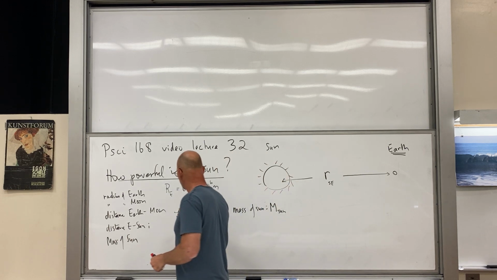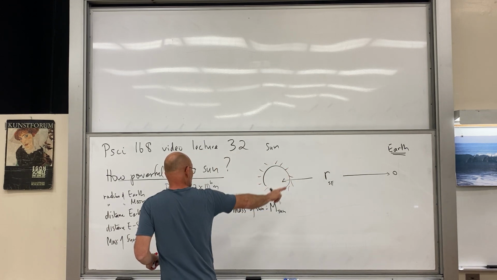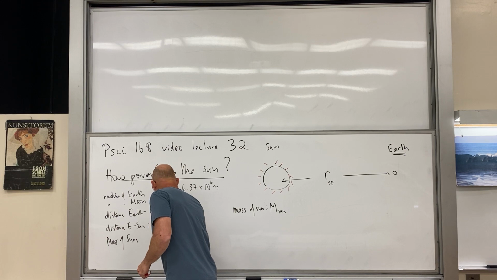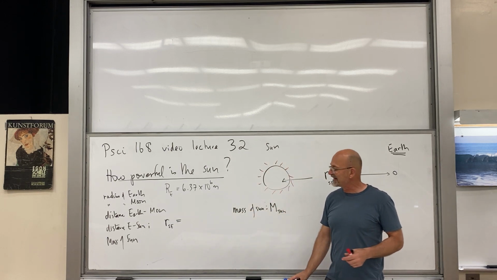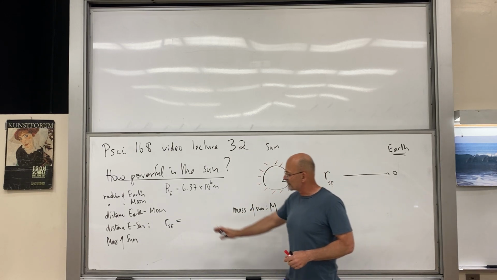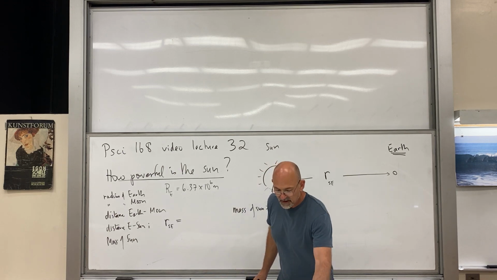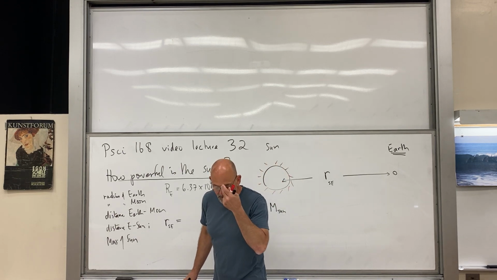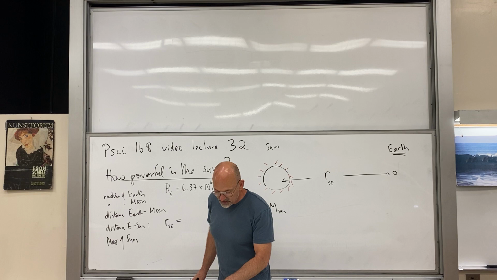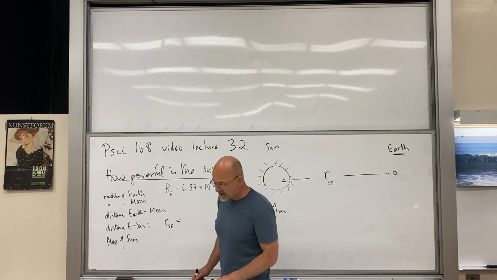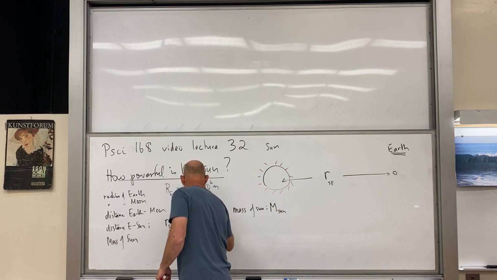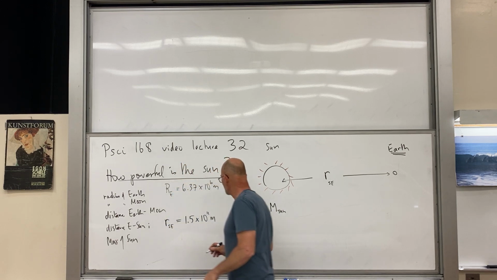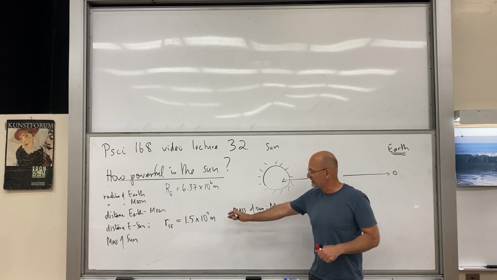The distance from the sun to the earth that we need up there, so I'm using lowercase r for these distances and uppercase R for these radii. You can always look up these things, but let me go ahead and write down what we have there. The distance from the sun to the earth is approximately 1.5 times 10 to the 11 meters. These numbers become so huge, you definitely need your scientific notation.